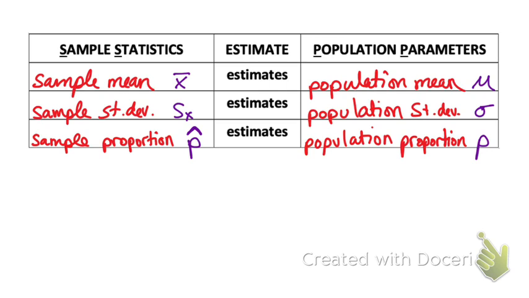What parameter do you use to estimate standard deviation? And what parameter do you use to estimate a proportion? Sorry, I never said sample or population. So just knowing that parameters talk about the population and statistics talk about the samples, that's how you know which one you're dealing with, okay?